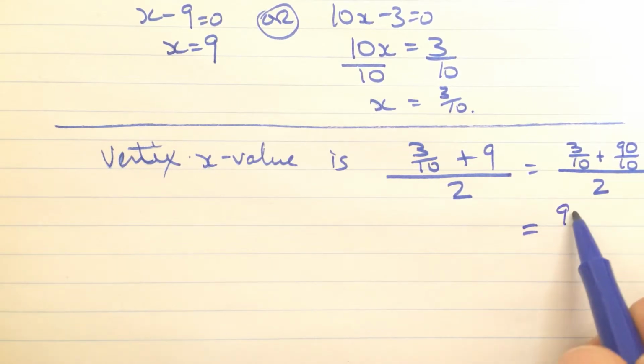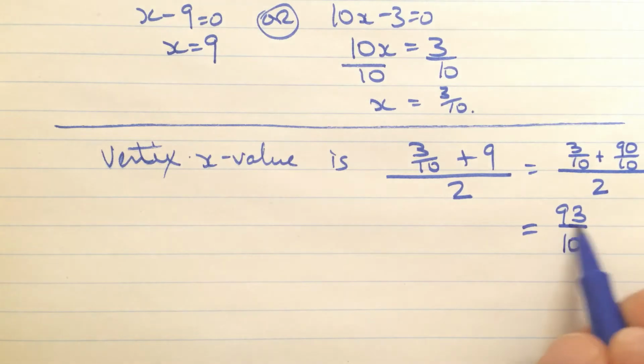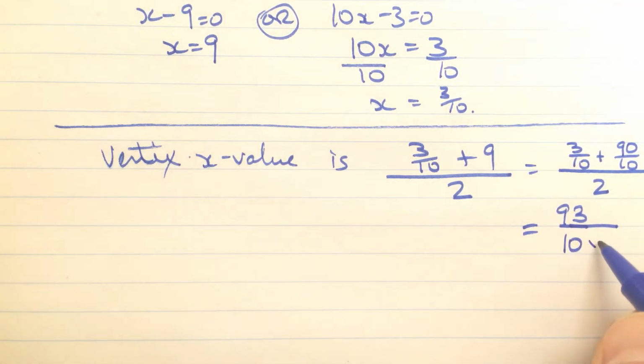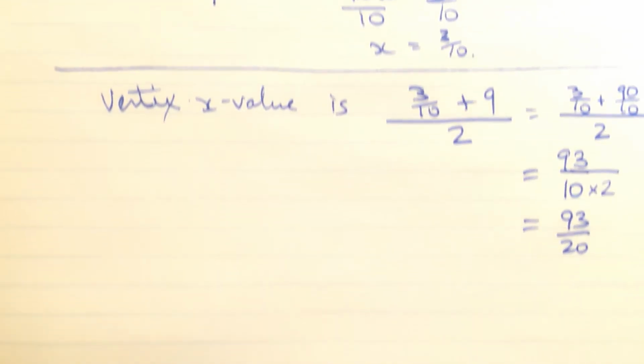That's 93/10 divided by 2, which is the same as multiplying by 2 on the denominator. So that's 93/20. That's the x value for the vertex.